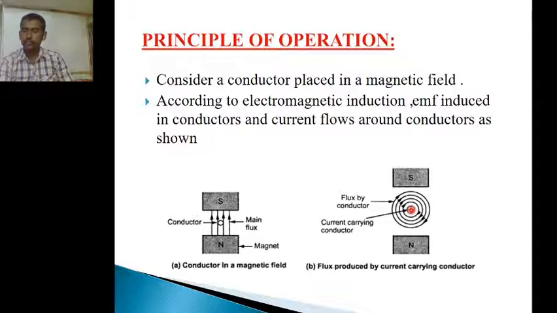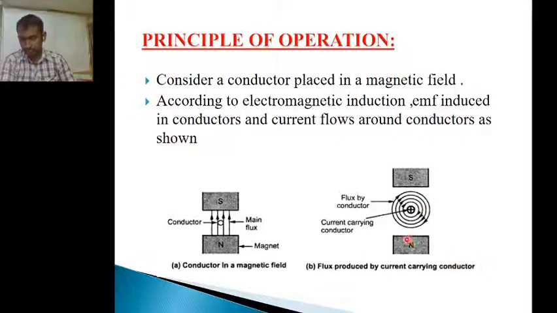According to Fleming's right hand thumb rule, if the thumb indicates the current direction, then the remaining fingers indicate the flux direction developed by that current carrying conductor. Here the current is in the outward direction, so the flux direction is in this manner, that means clockwise direction.